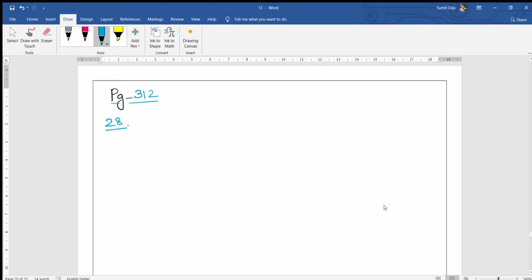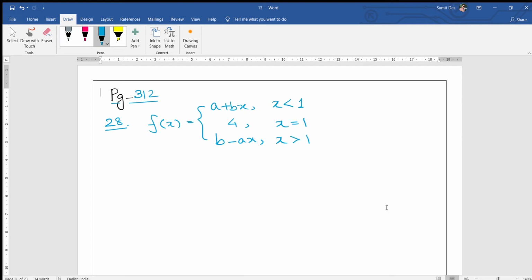So f(x) is given, I'm writing the f(x) only. f(x) is given: a plus bx when x is less than 1, it is equal to 4 when x equals 1, and b minus ax when x is greater than 1.